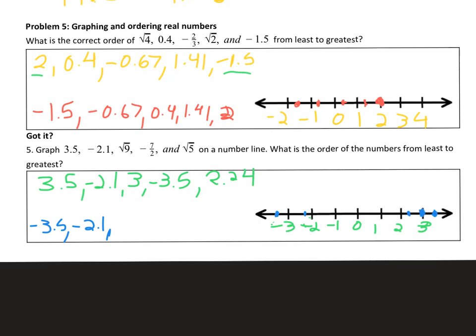My positive numbers, 2.24, and then 3, and then 3.5. So comparing numbers is important, okay? Understanding how to compare numbers and order them is important.